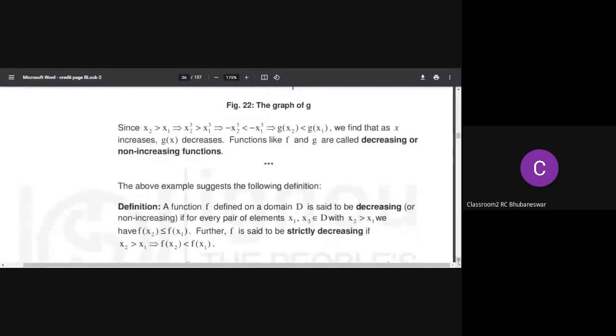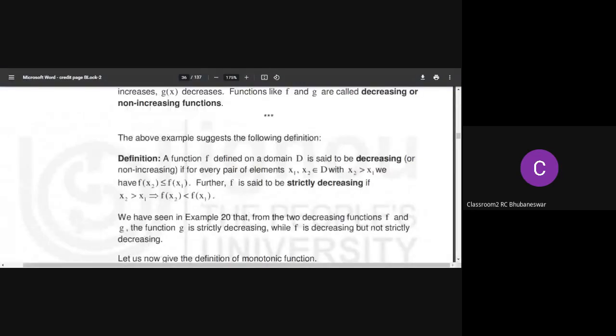Now the same has been defined in the mathematical way for strictly decreasing function. So here we can say that the function f defined over the domain D is said to be decreasing if a pair of elements is taken and it satisfies the less than or equal to condition.